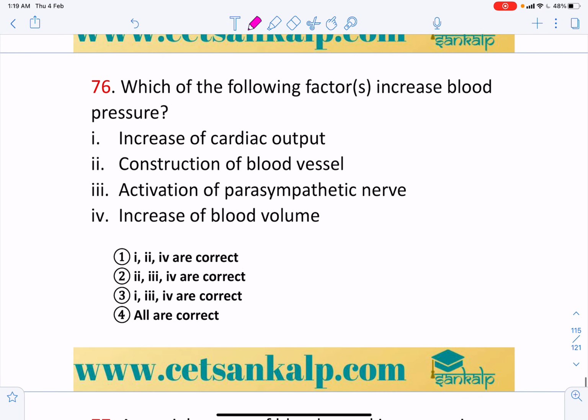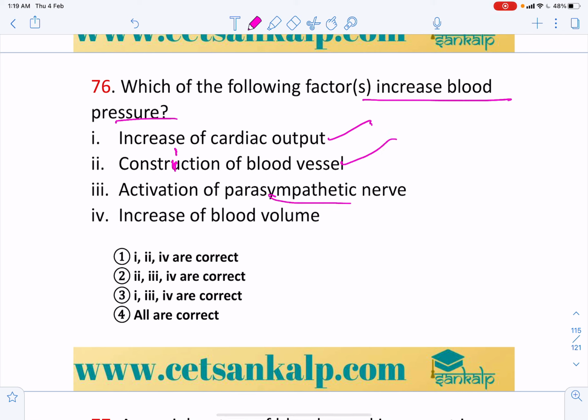Next, which of the following factors increase the blood pressure? As we know, in the cardiac regulation, the autonomic nervous system increases the blood flow, as it increases the cardiac output, right? So that is constriction, not construction, constriction of blood vessel.